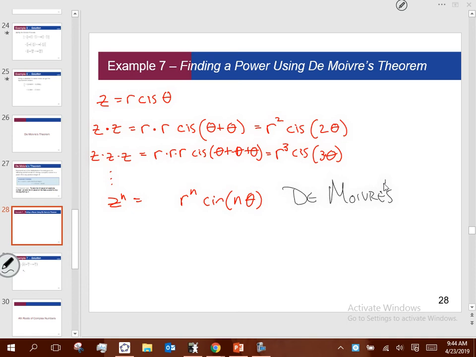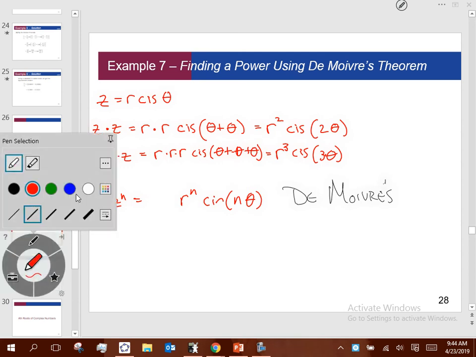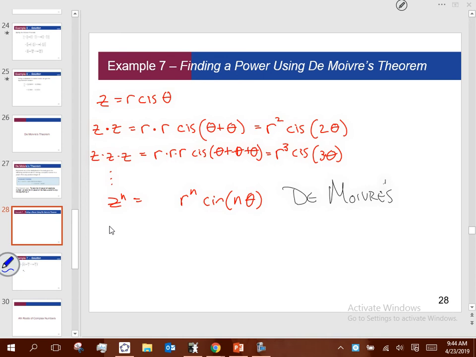What it allows us to do is take a complex number, let's just say Z is equal to 1 plus i root 3.